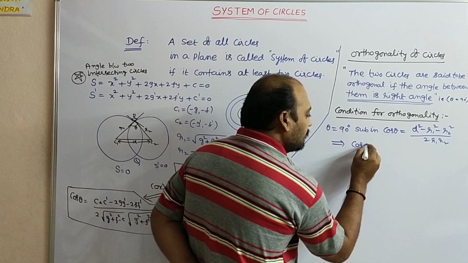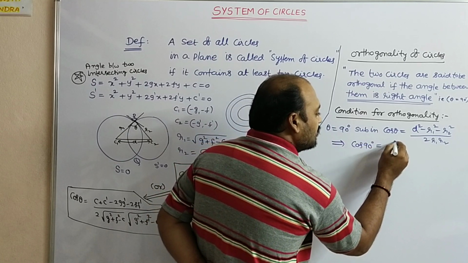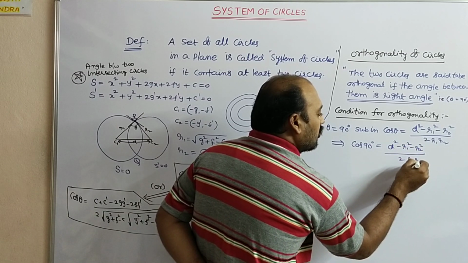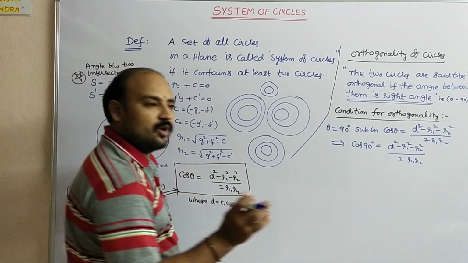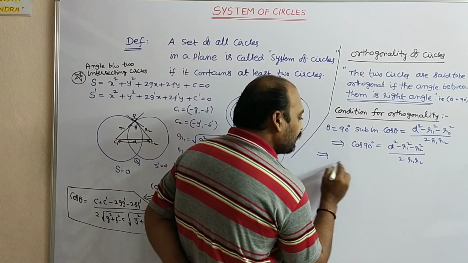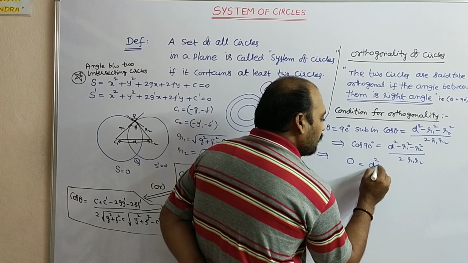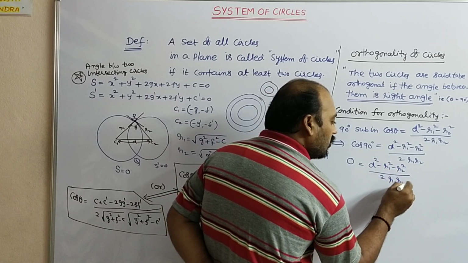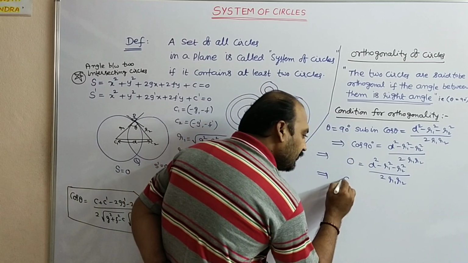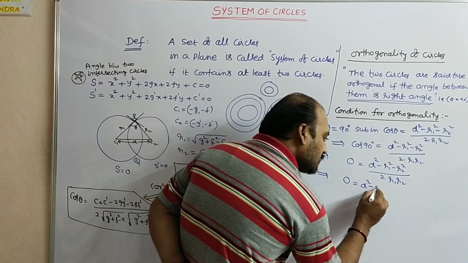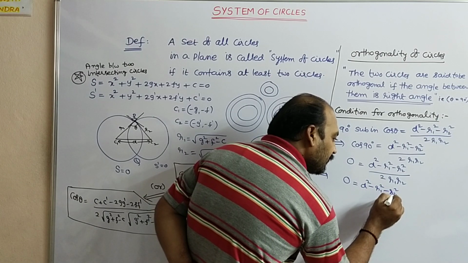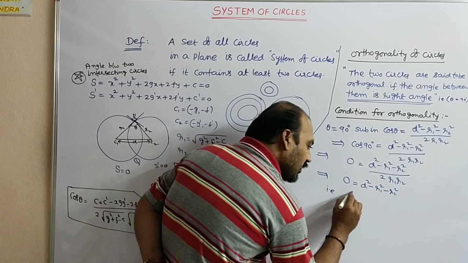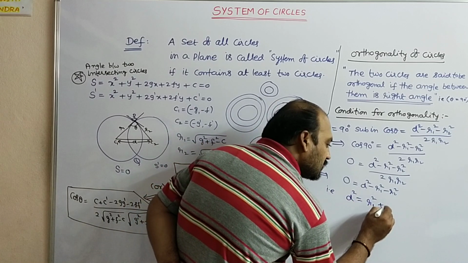Cos 90 is 0, so 0 equals d square minus r1 square minus r2 square divided by 2 r1 r2. Cross multiply, and you get 0 equal to d square minus r1 square minus r2 square. Taking r1 square and r2 square to this side, d square equals r1 square plus r2 square.